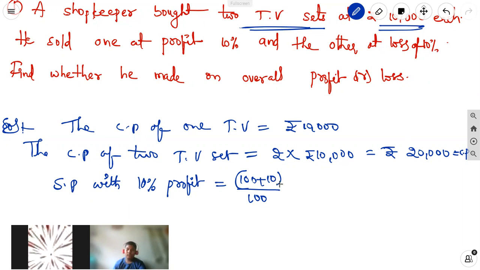For 100 rupees, 10 rupees profit, 100 plus 10 into market price, that is equal to 110 by 100. If profit, we add the profit percentage to 100, then we get the selling price with the profit, into 10,000. Two zeros get cancelled. Here 11,000 rupees is the selling price of the first TV.